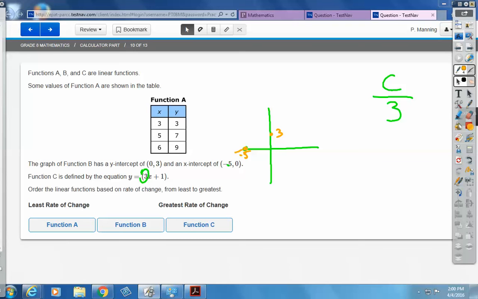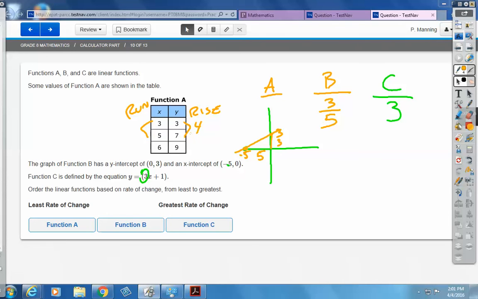That means I went up 3, I went over 5, and it's moving in a positive direction. So B has a slope of positive 3/5. Now let's look at A. Here's my rise, here's my run.